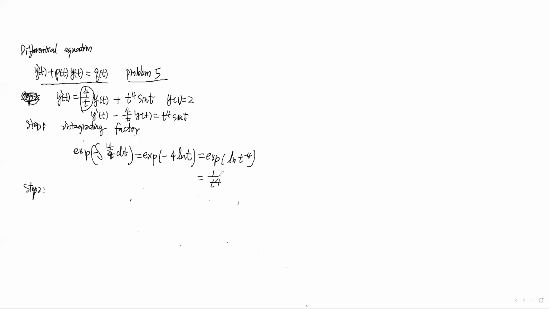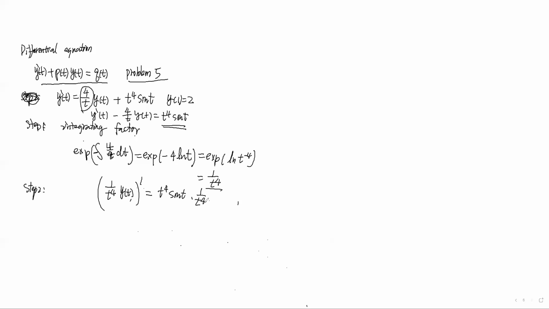Your goal is to multiply by this on both sides. The left-hand side should be the derivative of (1/t^4) y, which equals q(t), which is t^4 sin t, multiplied by this. Clear?